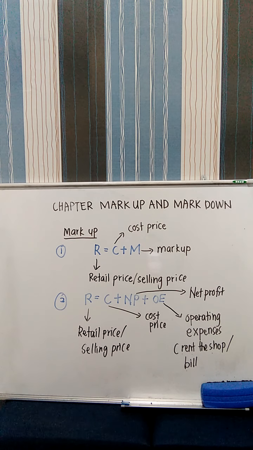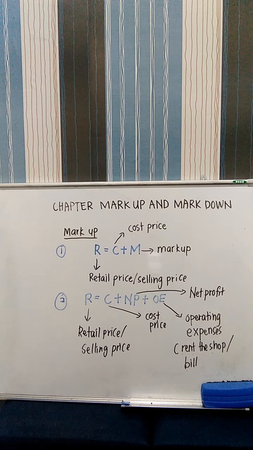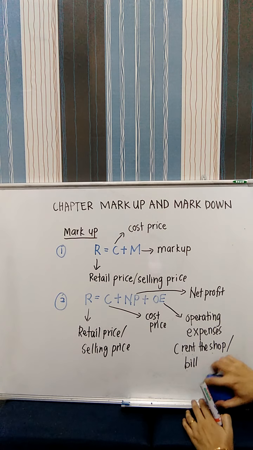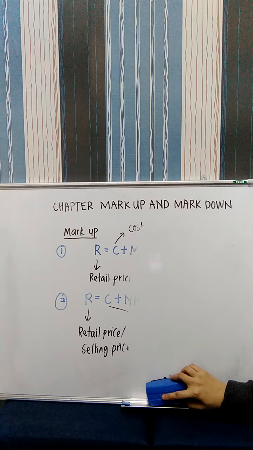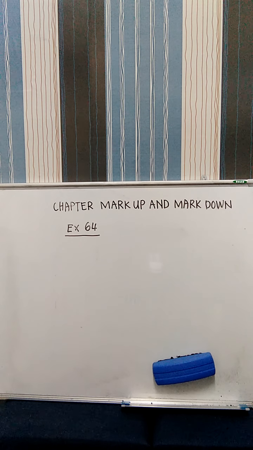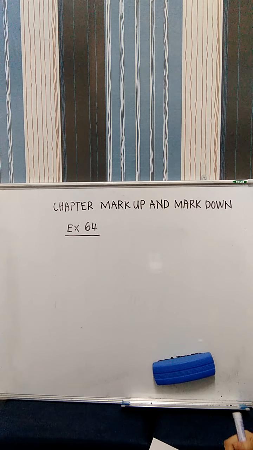Okay, so I continue to the first example for this subtopic. You may refer to example 64. For example 64, the cost price of a refrigerator is 1,800.